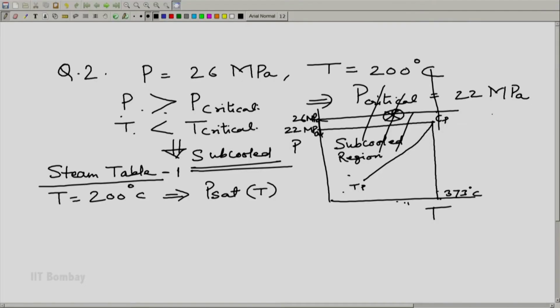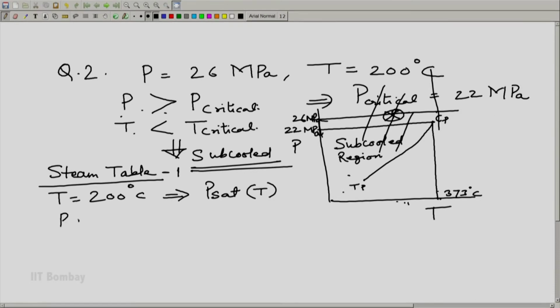So I can write the P sat T value from here and compare this P value with the P sat value. So our P is 26 MPa and the P sat T is 1.55 MPa.